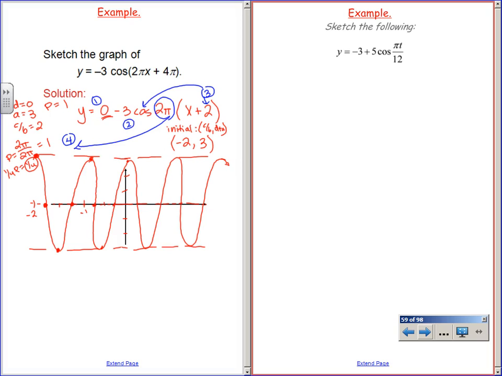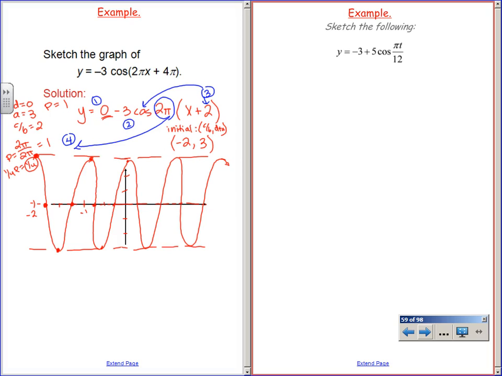Hey guys, was there something that we were supposed to ignore till later? Remember, we ignored the negative because we said amplitude doesn't need a negative. But here's the problem. What does a negative do? So pause. Keep what you have.